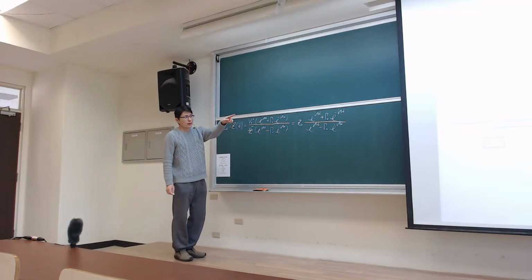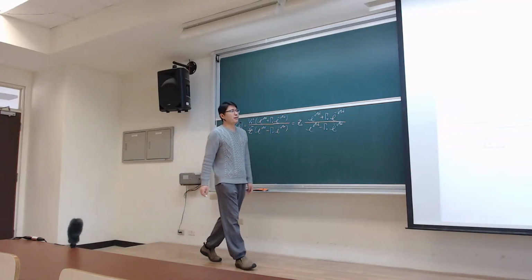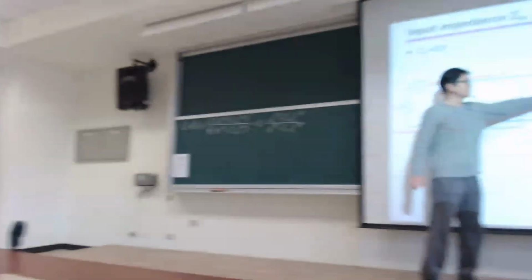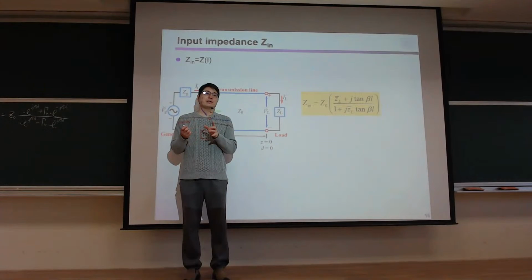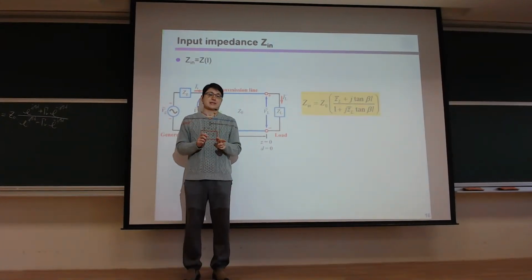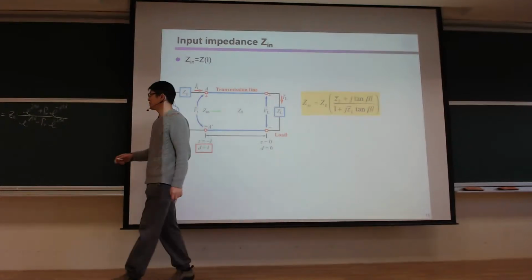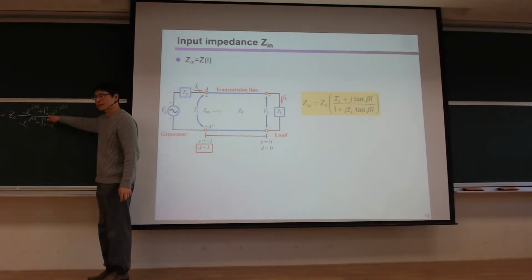So in order to derive the equation marked by the yellow on the PowerPoint, we only need to insert the expression for voltage reflection coefficient, Γ_V. Okay.